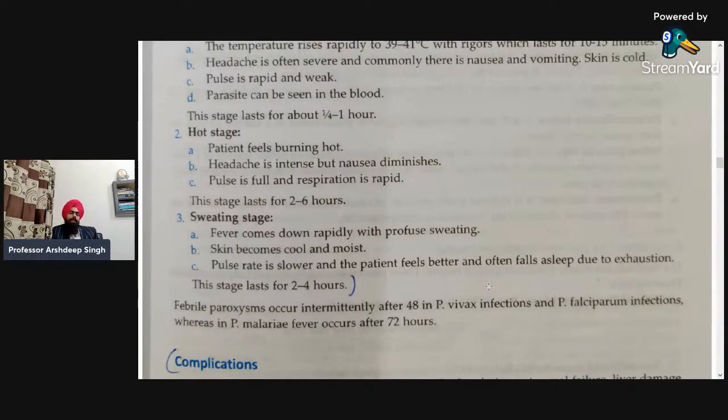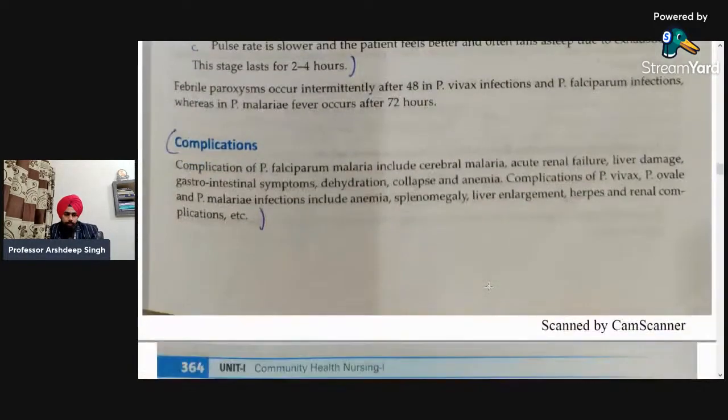The duration of the first stage is half to 1 hour, the second is 2 to 6 hours, and the next is 2 to 4 hours. That is very important from the theoretical as well as the viva point of view. Okay, so that was about the clinical features.